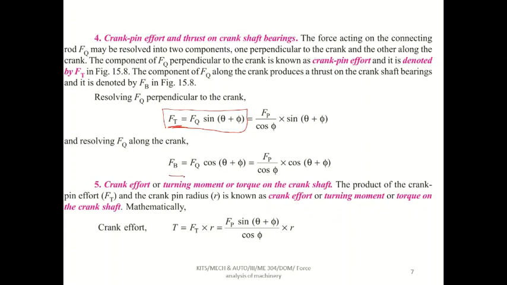Next, force acting on the bearings. Fb is Fq cos. Here sin, here cos, that's all, a small difference. Next one, crank effort. First we have seen crank pin effort. Now crank effort, or torque on the crankshaft.